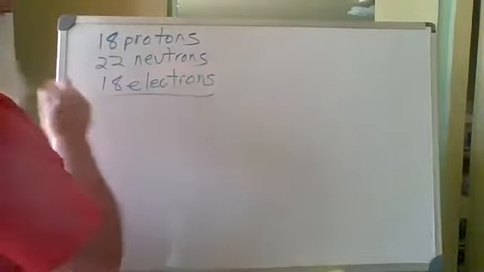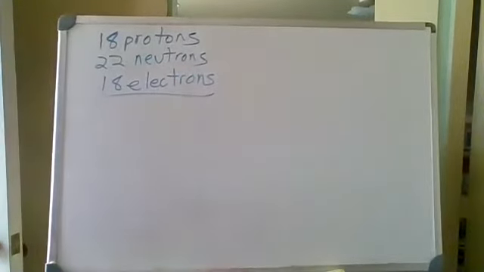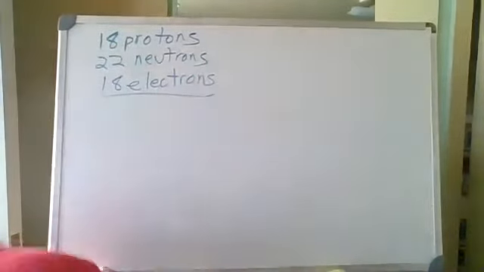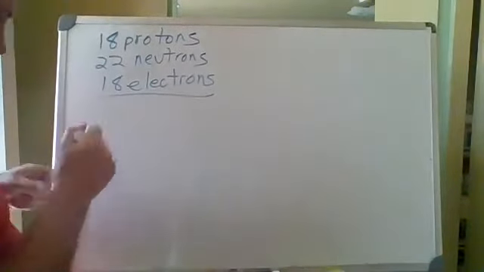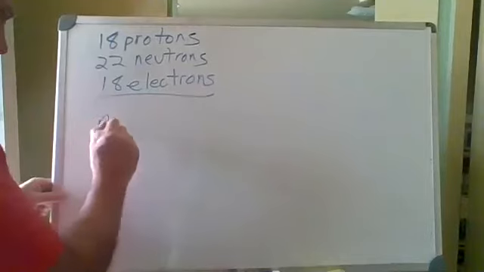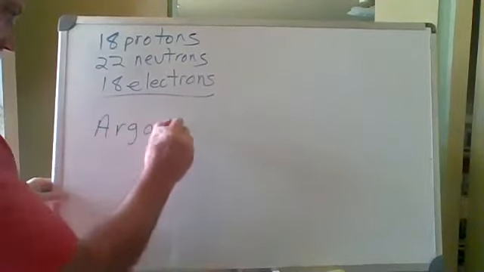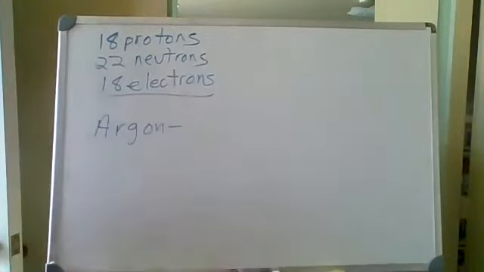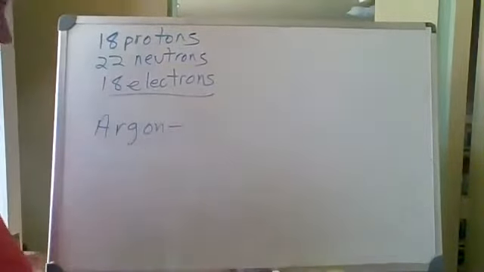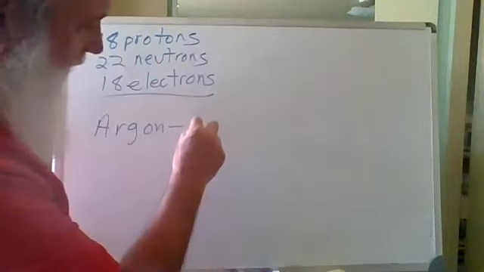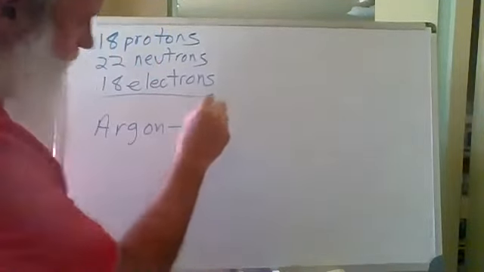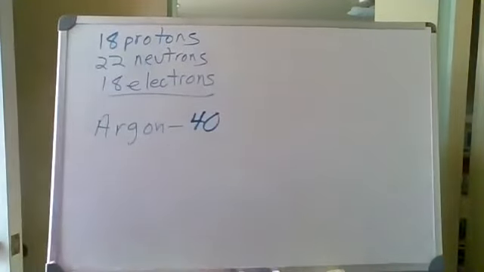All right, so what's the name? Argon. And what goes there? What's the mass? 40. Say it louder? 40 is correct. Okay, and let's do it the other way.